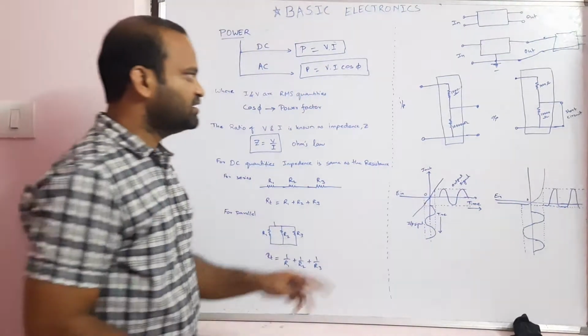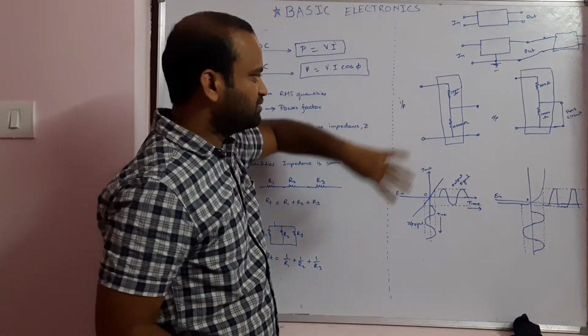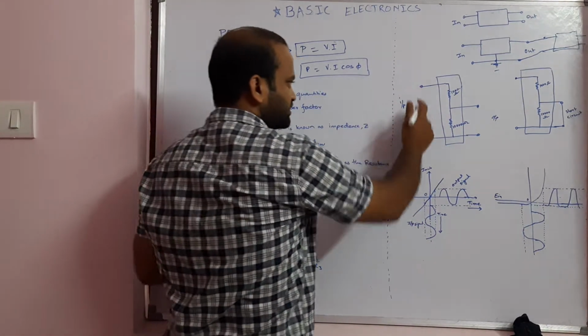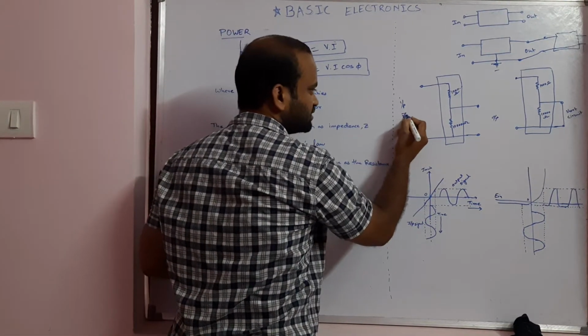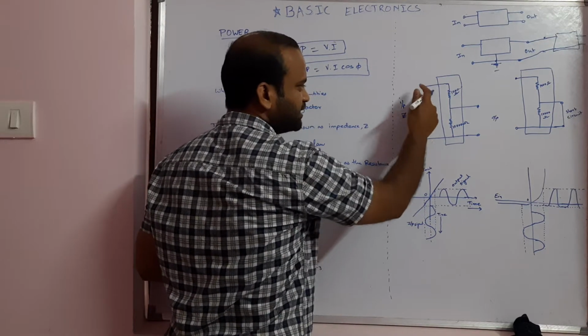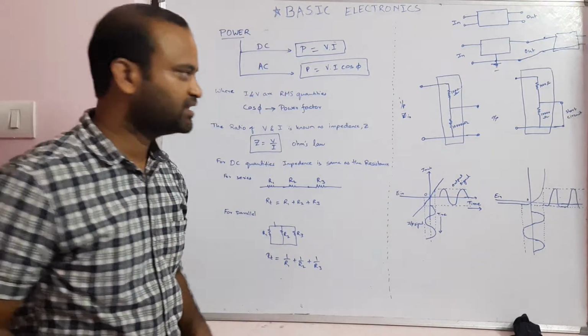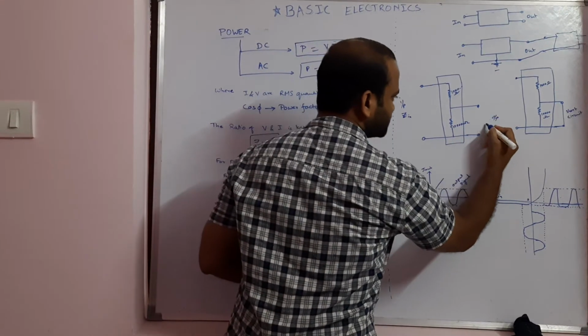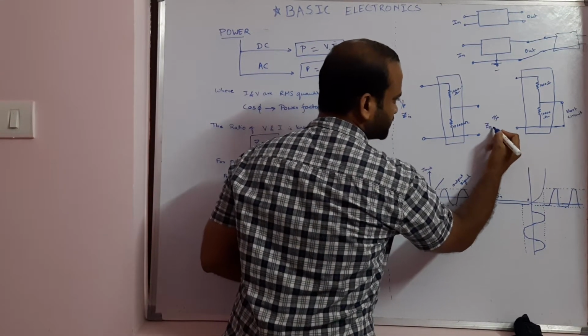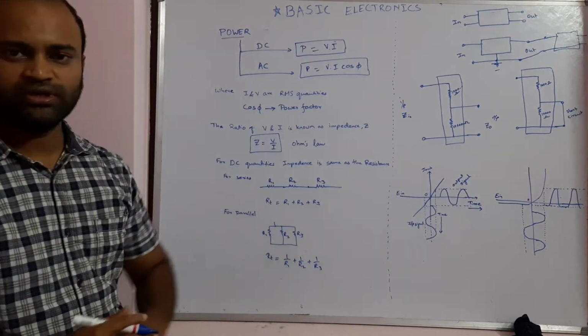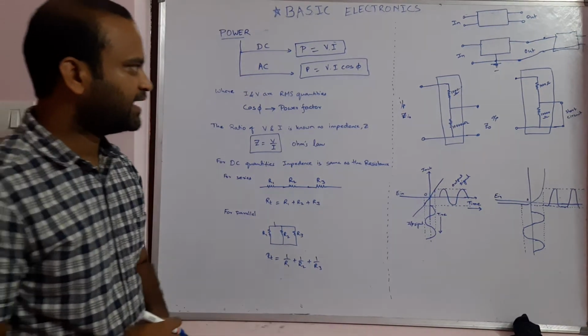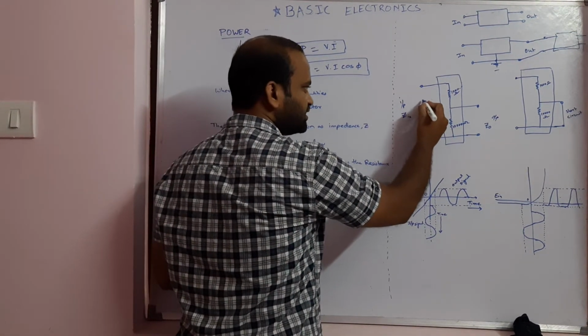If this is considered as the input, then this whole thing will be considered as Zin, the input impedance, and this will be Zout, the output impedance.